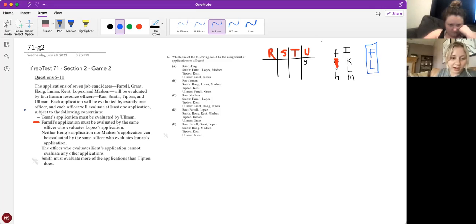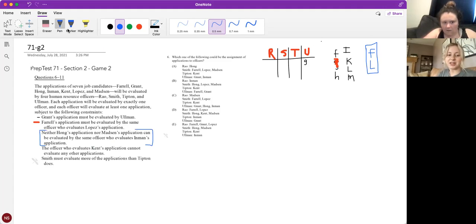And then neither Hong's application nor Madsen's application can be evaluated by the same officer who evaluates Inman's application. So what does this mean?